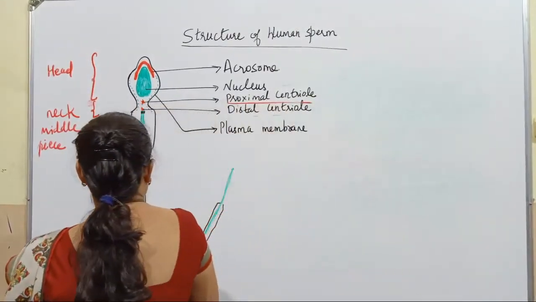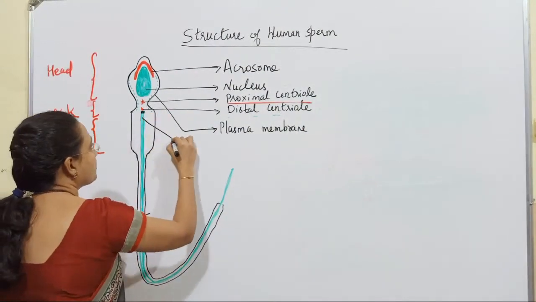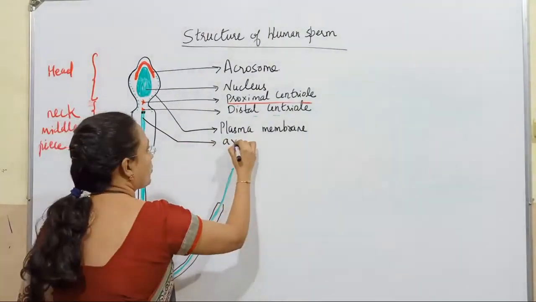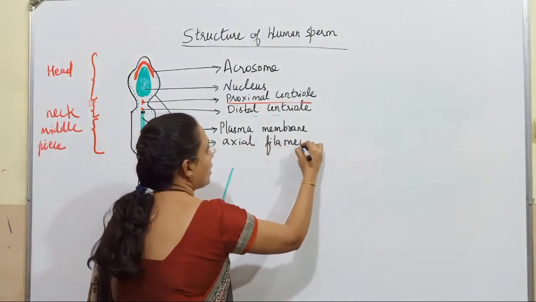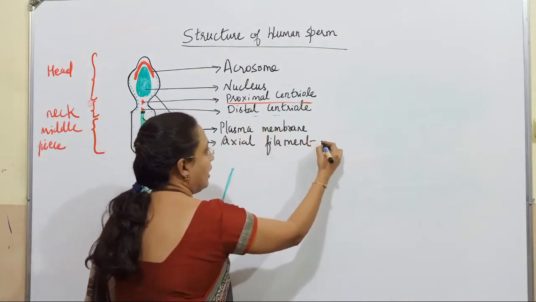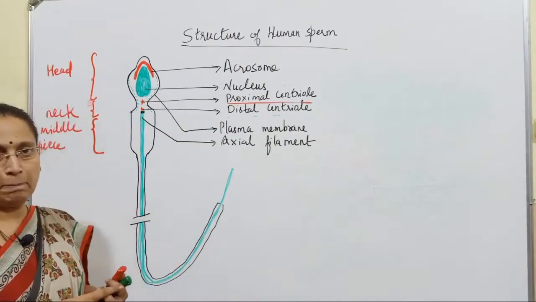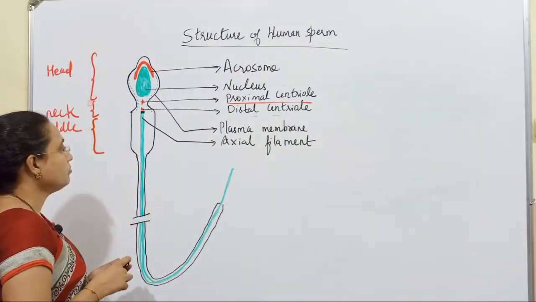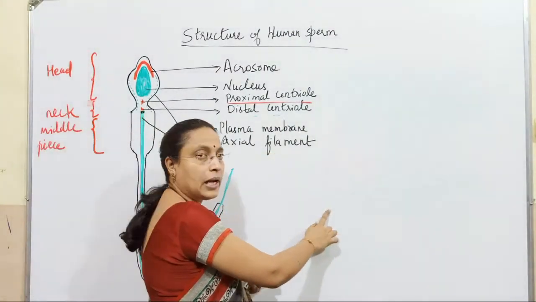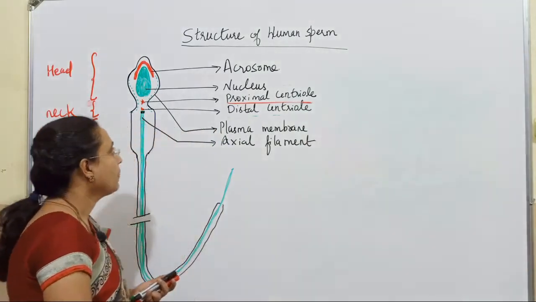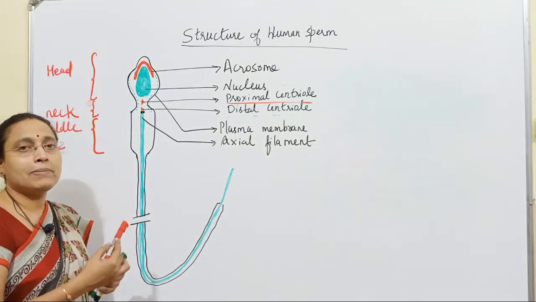So here I shall name the axial filament, which will continue till the tail. It is also called the axoneme. And also I told that these axial filaments have a 9 plus 2 arrangement. Now inside the middle piece there are mitochondria.